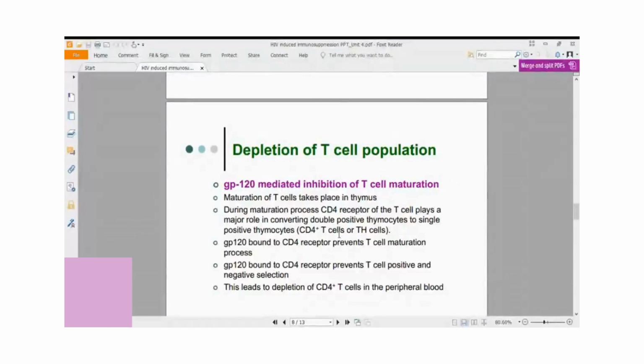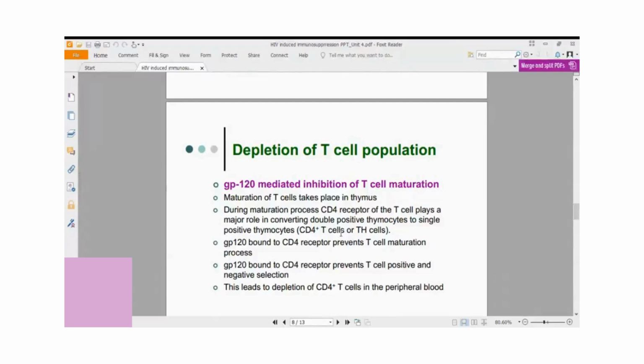Why? Because class 2 MHC has the affinity on the beta 2 domain for the CD4 receptor. And that double positive thymocyte will lose its CD8 receptor and become a TH cell. That is the positive selection. And I had explained to you earlier about this process.